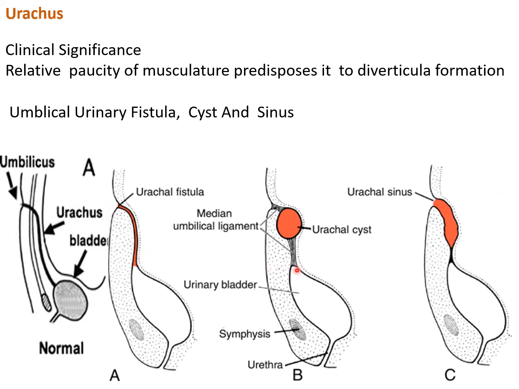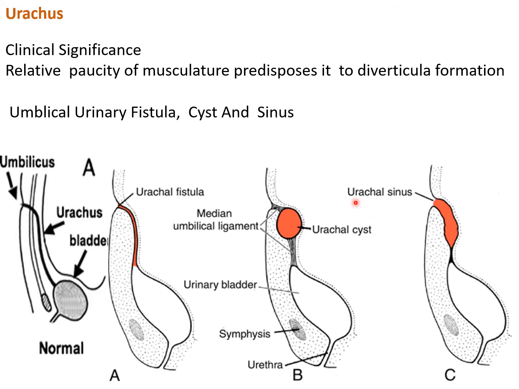Another condition which can take place is that it gets fibrosed in its lower part as well as in the upper part near the umbilicus, but in the middle a part of it remains patent. Now this patent area is lined by mucosa which starts secreting, and after some time the secretions get accumulated to form a urachal cyst.